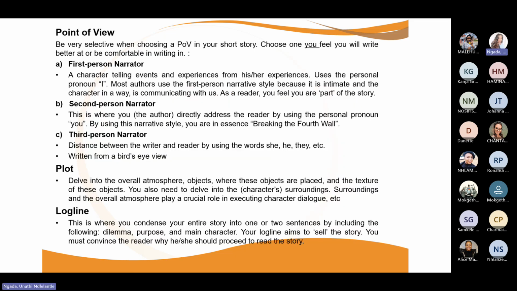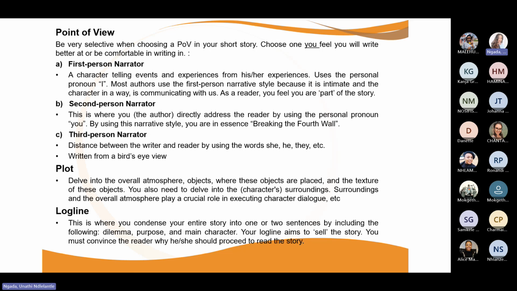Then we have point of view, right? So with your point of view, I always tell the students that you need to select a point of view that you feel is where your writing is going to come through. This is where your storytelling is really going to come through.